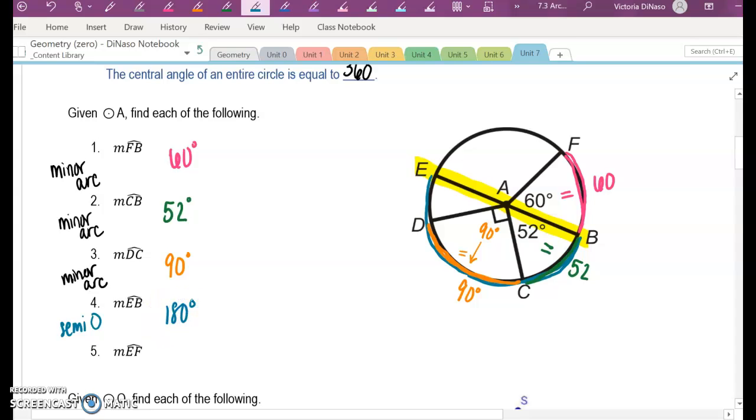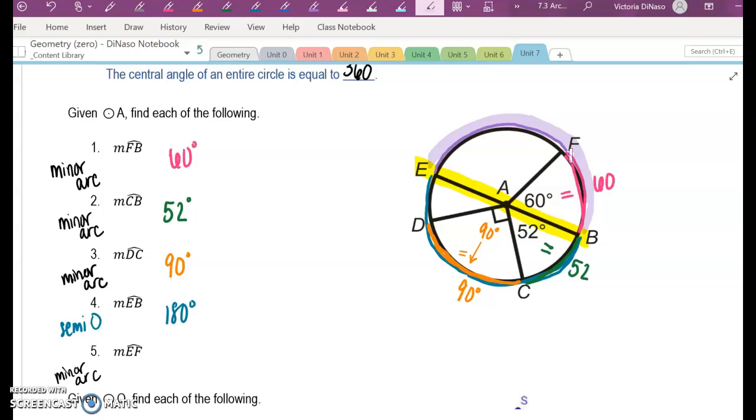The next one says, find the measure of arc EF. So from E to F, we have to go the short distance from E to F right here. So that's a minor arc. What we're going to do is subtract, because from E to F, if I complete this and then go to B, that's half a circle. That's a semicircle.